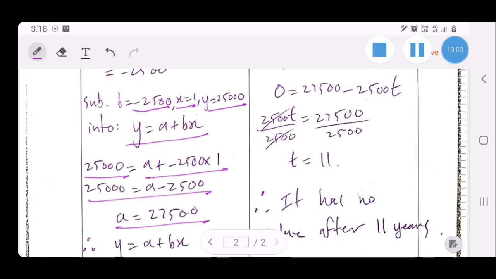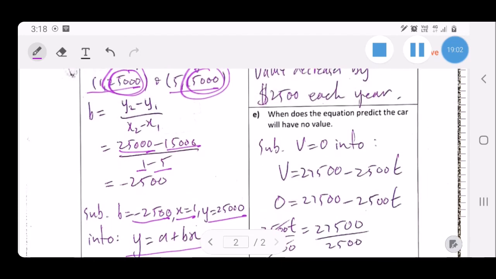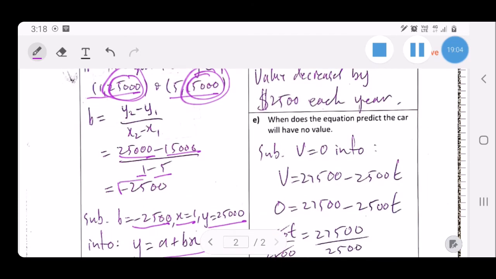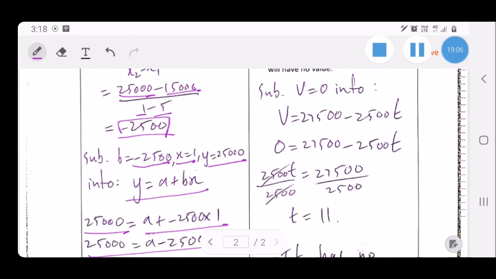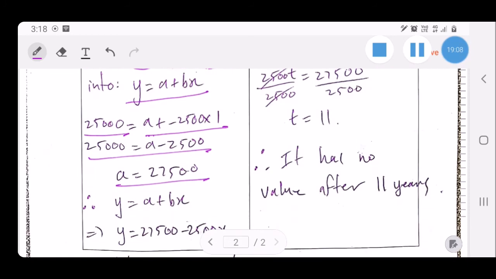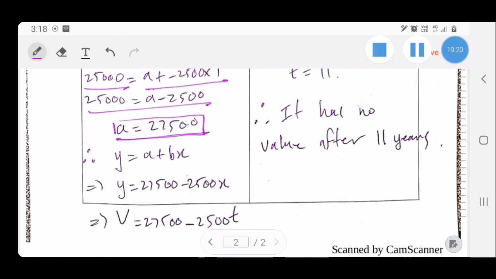And we are right there because we have a gradient, b, and we have a y-intercept, a, which incidentally is, as we expected, exactly 27,500. So we did a little bit of unnecessary work there, but it was good practice.